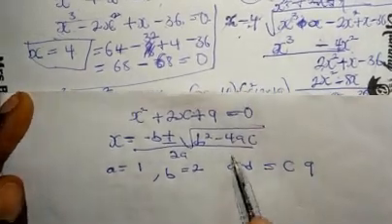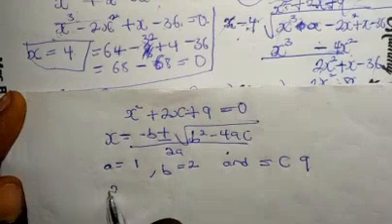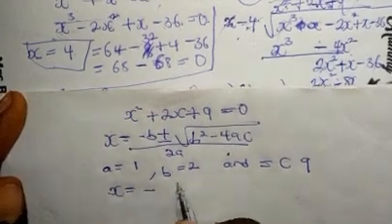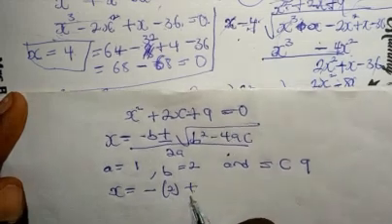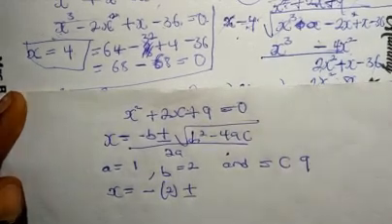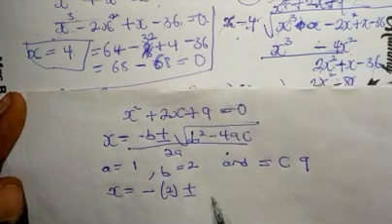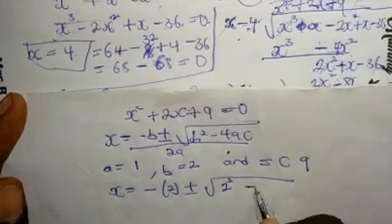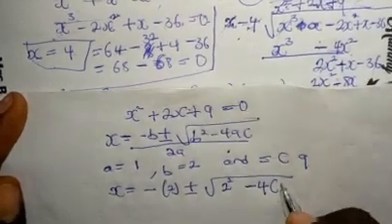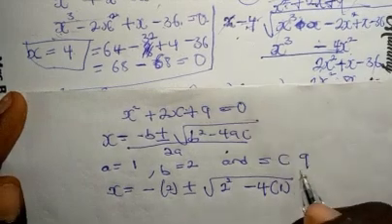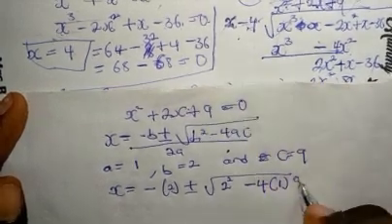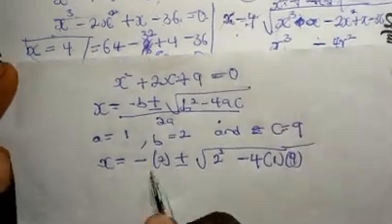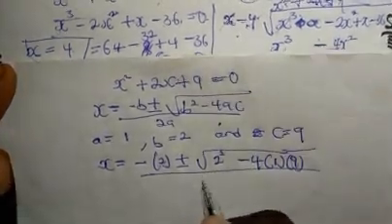So substituting that into the formula, we have s is equal to minus b, which b is equal to 2, plus or minus root b squared, that's 2 raised to the power of 2, minus 4 times a is 1 and c is 9, all over 2 times a, 2 times 1, which is 2.